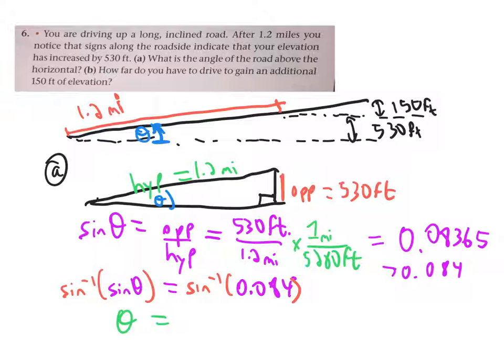And on the other side, we have a thing that you probably don't know offhand, and that's perfectly fine. You just throw it into a calculator. Inverse sine of a number will give us an angle. In this case, 4.82 degrees, which really should round to 4.8 degrees. So the road goes up by about 4 degrees. Well, I guess more about 5 degrees.